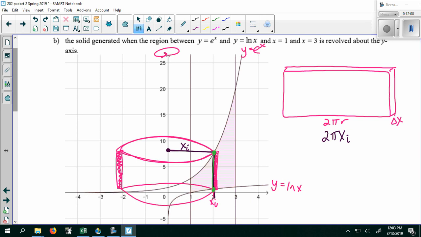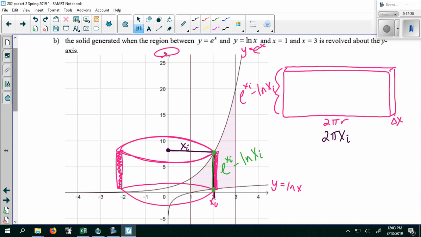The larger y value is e to the x, and the smaller is ln x. So this is e to the x sub I minus ln of x sub I. That is the height.